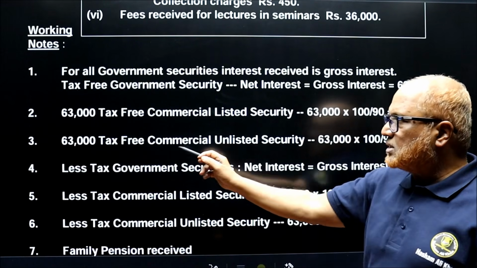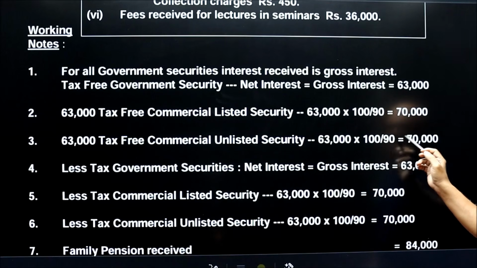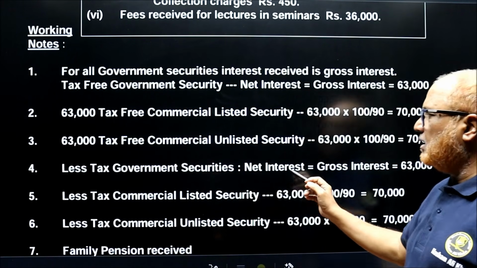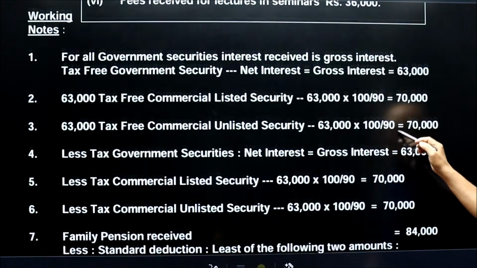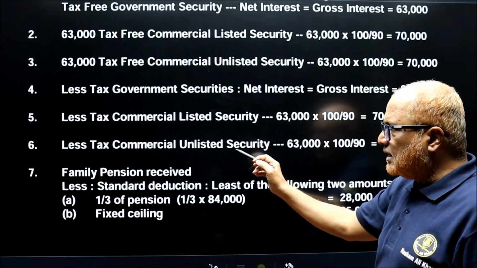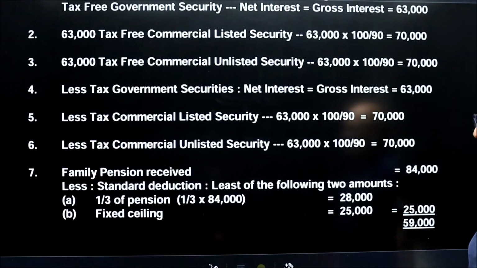Then 63,000 tax-free commercial unlisted security, same 63,000 into 100 by 90, 70,000. Now less tax government security net interest is equal to gross interest 63,000. For less tax commercial listed and less tax commercial unlisted, for both we have to multiply by 100 by 90, we'll get 70,000.